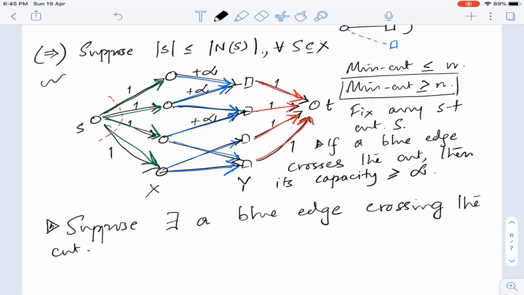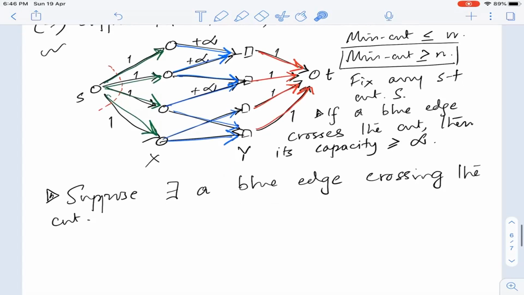Because I want to apply this theorem, I will construct a flow network. Given my graph X, Y, and the edges, I augment this graph with some other edges and capacities so that I have a flow network on the graph. Please note that I'm not going to apply any algorithm. This is just an existential proof, but I will use this flow network to conclude something about the original graph.